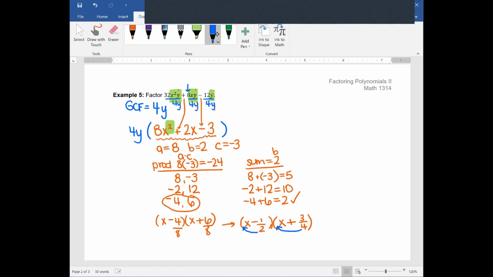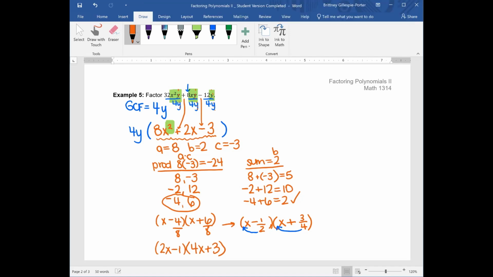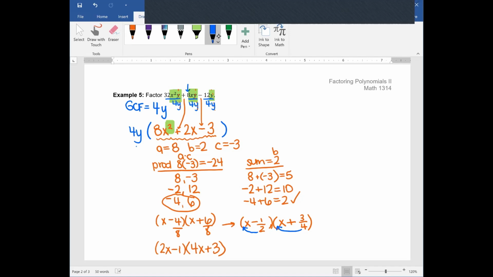Inside the parentheses, our denominator comes up, and we have 2x minus 1 times 4x plus 3. And don't circle that answer yet because you have to remember our GCF that we took out originally. So our answer is 4y times 2x minus 1 times 4x plus 3.